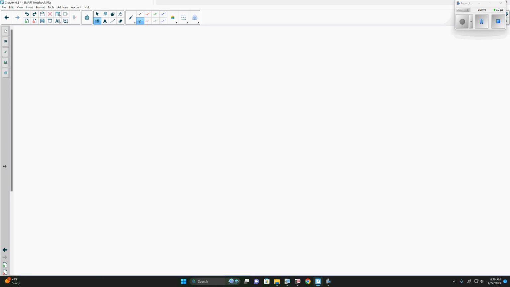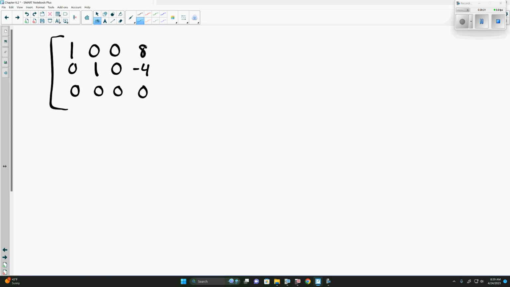Let's look at one more. So let's look at this here. So looking at what this says, the first row is telling me what? X is equal to 8, yes? Second equation, second row is telling me what?